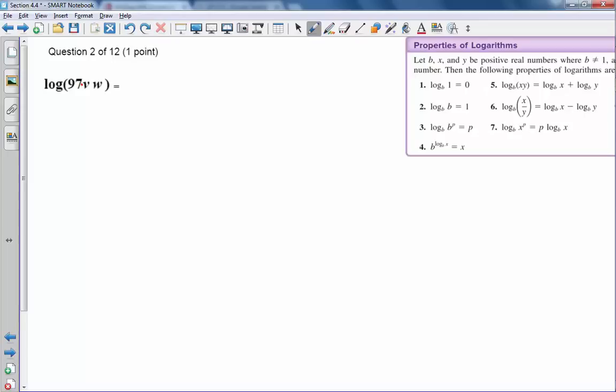It doesn't have 2 pieces. So I will first put the dot here and separate this into 2 pieces as log 97 and log VW. And what is the sign between? Plus. And then I will go to here.